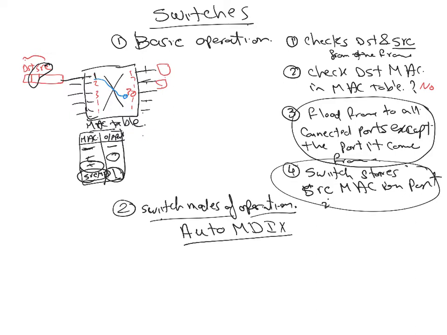So what are these modes of operation? The first mode of operation is what we call store and forward. Another mode of operation is called cut through. So what is the difference between the two, guys? Does anyone know?